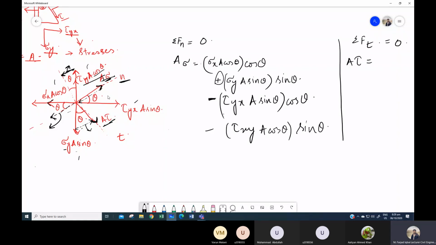So now we have to transform these four forces on the t axis. So first, let's begin with sigma x again. The component on the tau axis would be this one. So what will be this one?